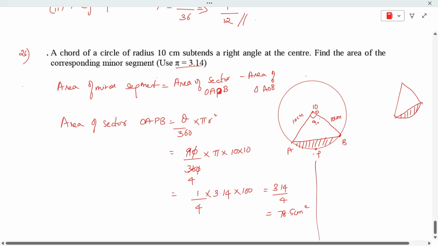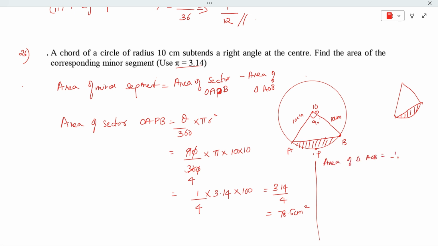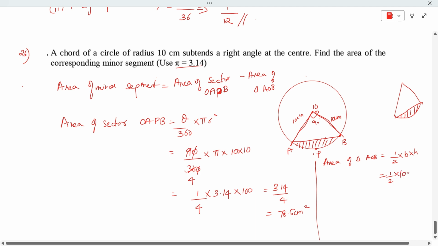Now I need to find the area of the triangle. Area of triangle AOB will be half of base into height. Since it is a right angle triangle, if I consider OA as the base, OB will be the altitude. So base is 10 and height is 10.